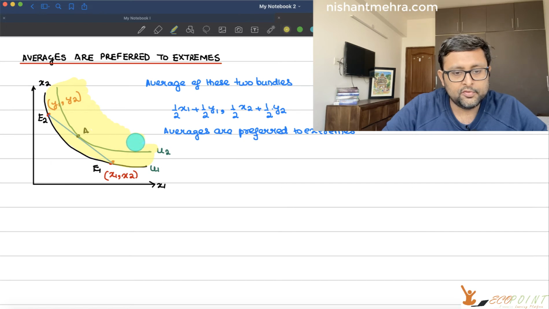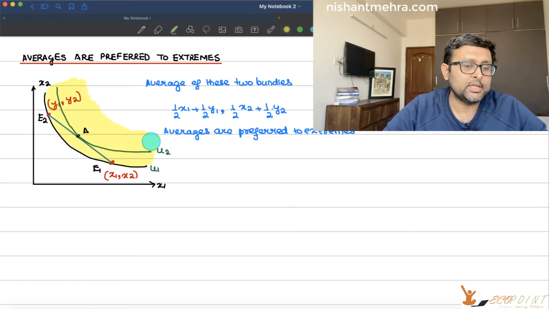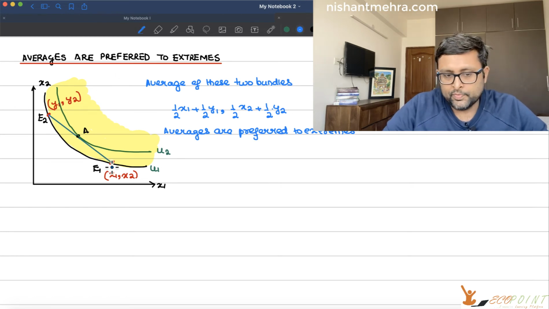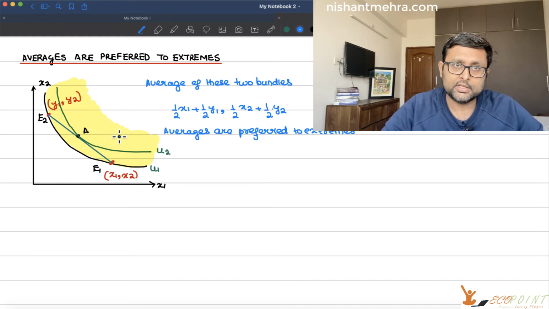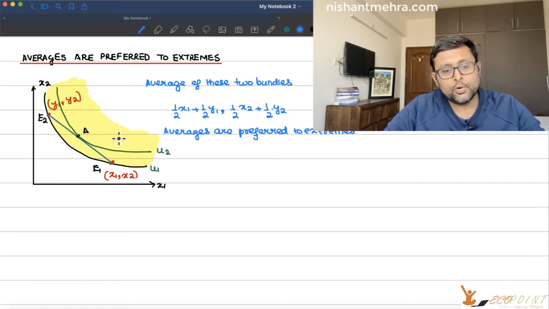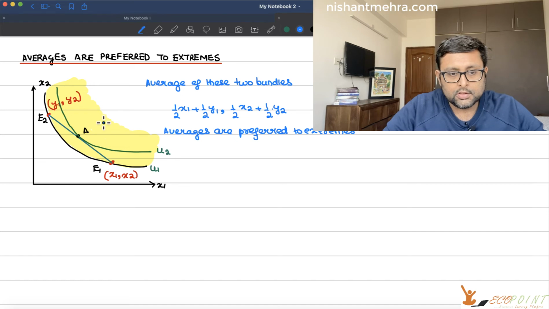You know what weakly preferred is? They give you at least the same utility as x1, x2 provides. So all the bundles on this indifference curve provide the same utility, and all the bundles above it provide more utility. So this is my weakly preferred set, which I have just drawn right here.